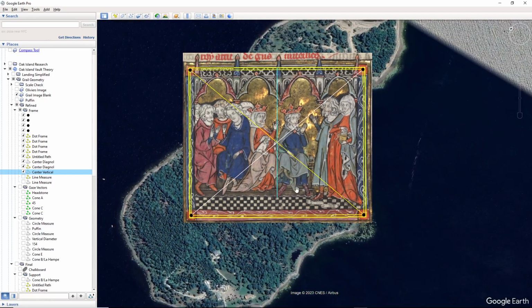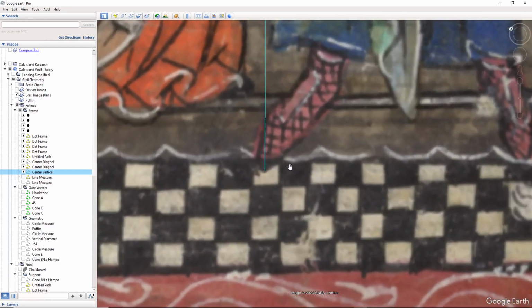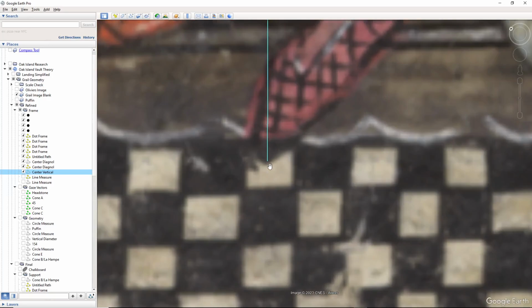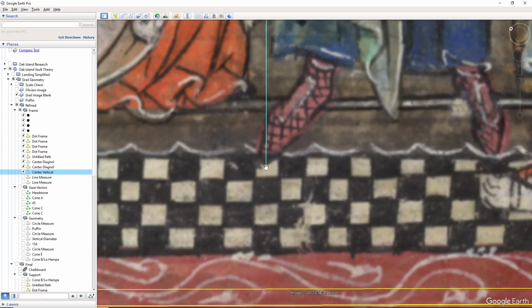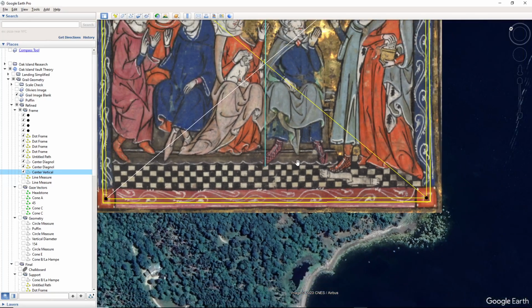So we did this. Now, one thing that came to the attention of Olivier, and he showed me, is that this center actually goes through the very tip of the shoe of the king, King Arthur. So this gives us an indication that maybe these shoes come into play.